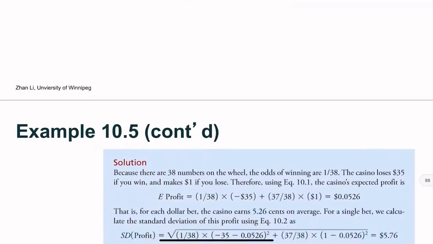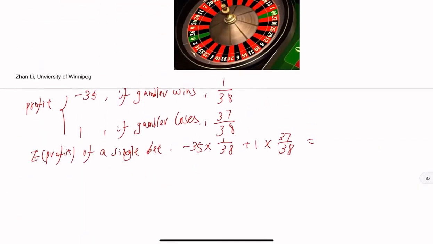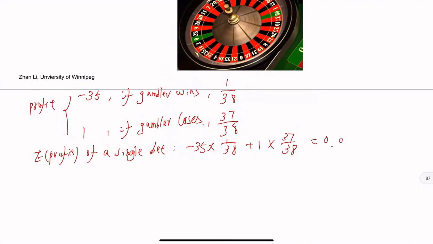Let me copy from the lecture note. So it's 0.0526. This basically means that in expectation, the casino is expecting a positive profit, right? Clearly, it's a very small one. It's about 5 cents.